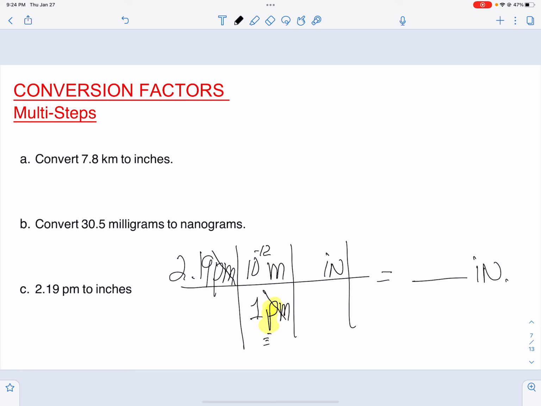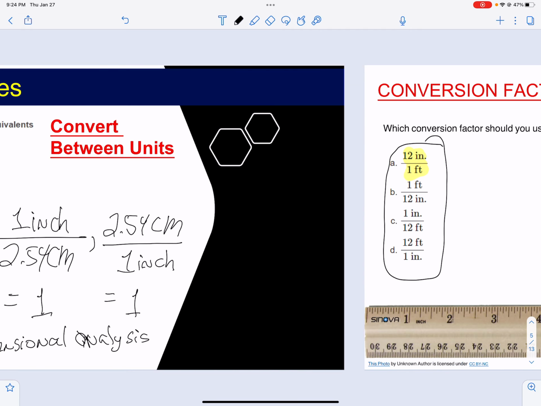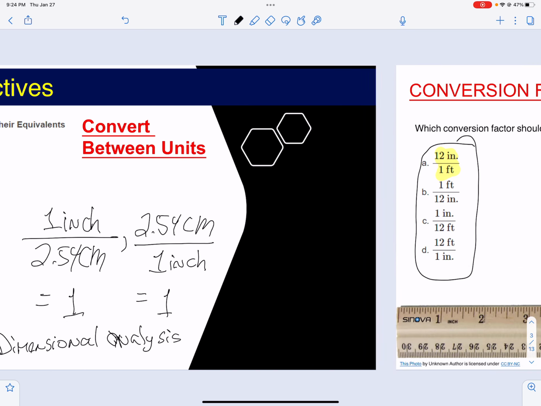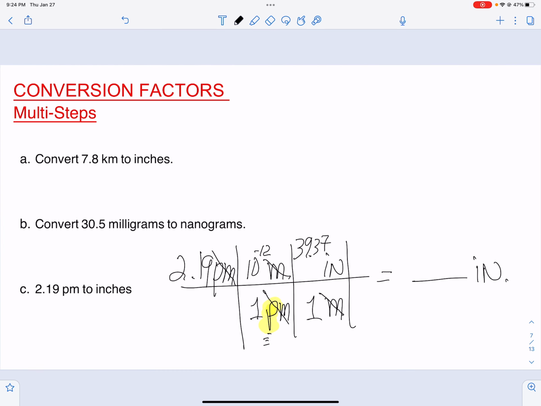Picometers cancel with picometers. Now I do not want the meters, so I'm gonna put the meters at the bottom. So meters cancel with meters, and we know that 1 meter equals 39.37 inches. Let me double check that. 1 meter, 39.37 inches. And that's how you will do that one.